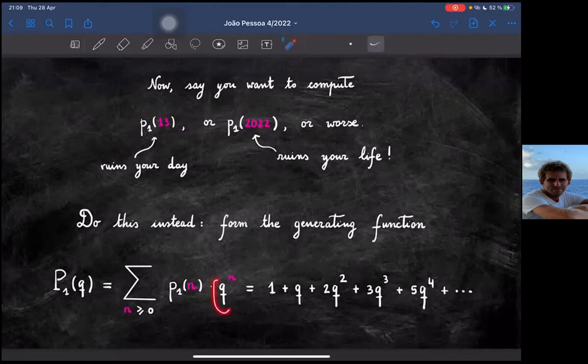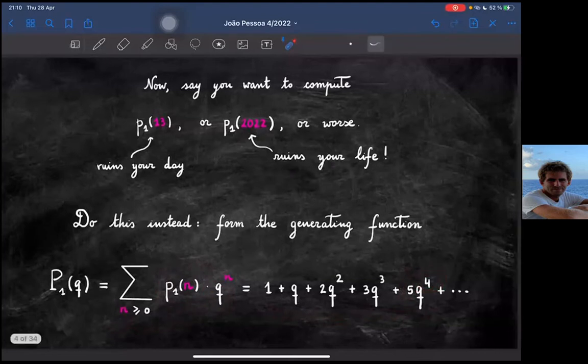So we introduce a parameter q, and we form the generating function. It's a formal sum with coefficients the things we want to compute. So by the previous slide, we know that this generating function starts like this. So we computed up to this 5, which is the number of partitions of 4.